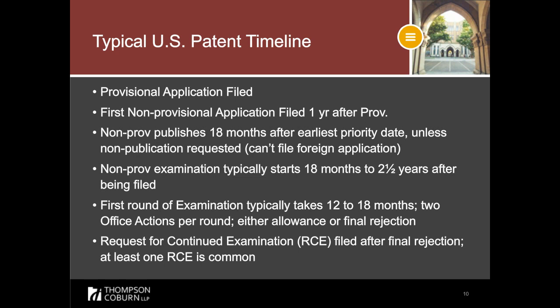And after you've begun examination, it's usually a 12 to 18 month process. And ultimately, you'll either get an allowance or a final rejection. And if it's a final and you want to continue, you can file what's called a request for continued examination and keep the process going. And it's pretty typical to have at least one RCE.